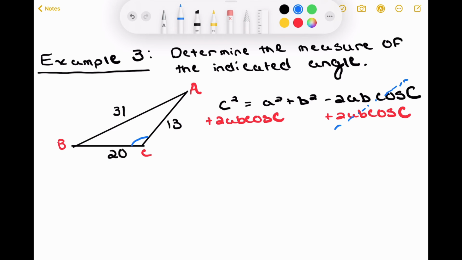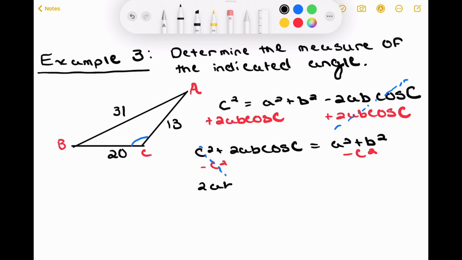So now our new form is going to be c squared plus 2ab cos C is equal to a squared plus b squared. Now I want to subtract that c squared from both sides so that I can get one step closer to isolating for that C angle. It's going to cancel off on our left-hand side here. So now we have 2ab cosine C is equal to a squared plus b squared minus c squared.